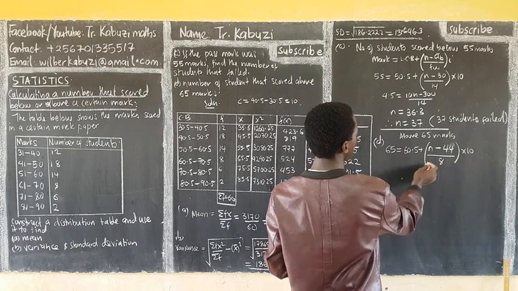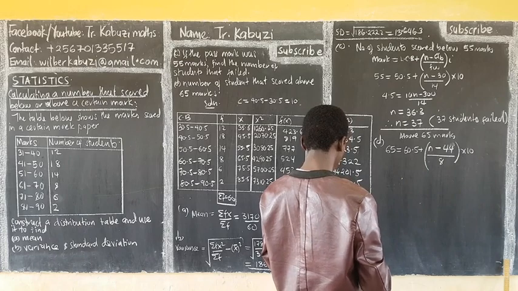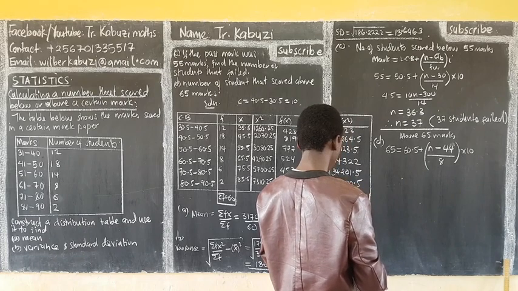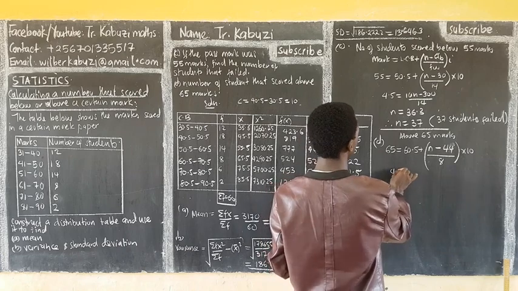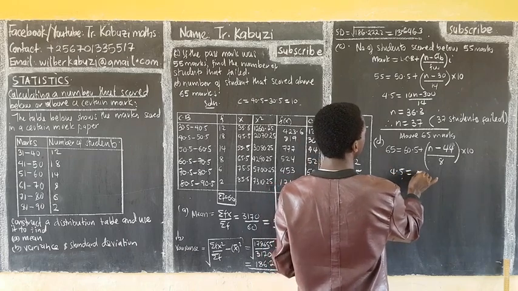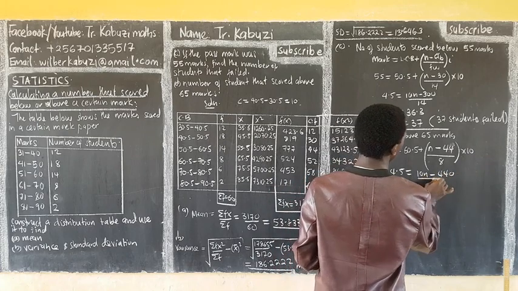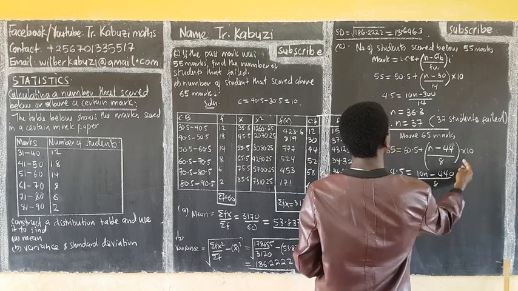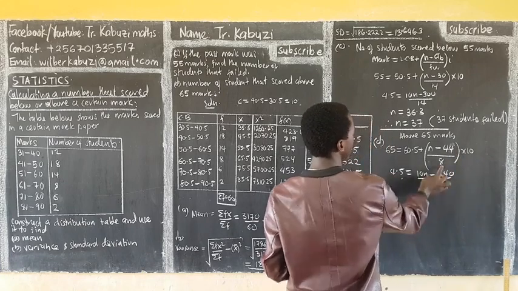So here we are having 0.4 equaling 10n minus 440, the whole over 8. After this times this, you get that, then this 8.